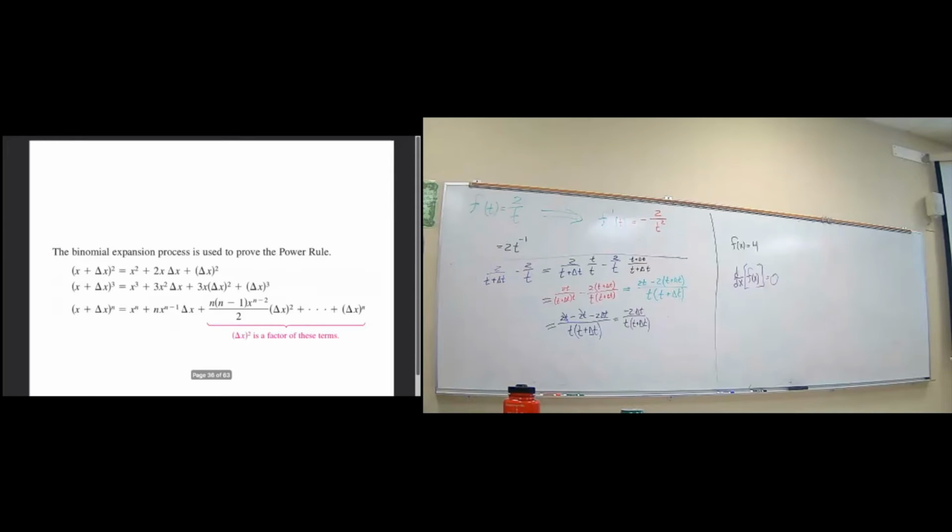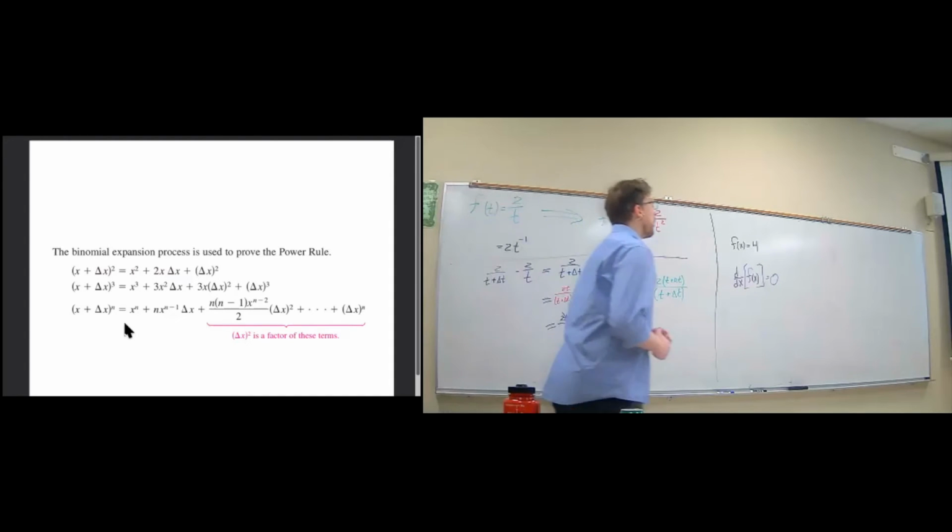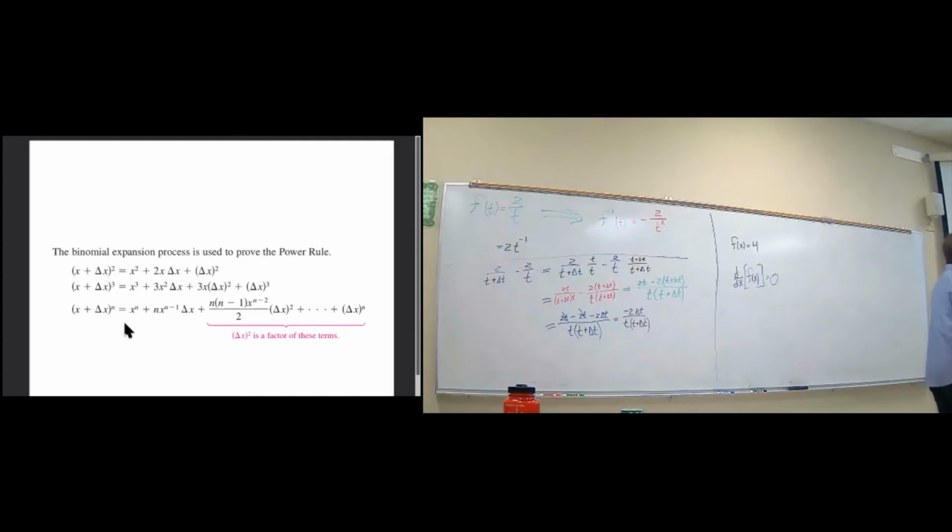Now, for this next definition, I want you to remember binomial expansion. This looks like a mess, I know. It's going to be really handy in just a minute. What we want to pay attention to is that we can factor out delta x from all these back terms, right?